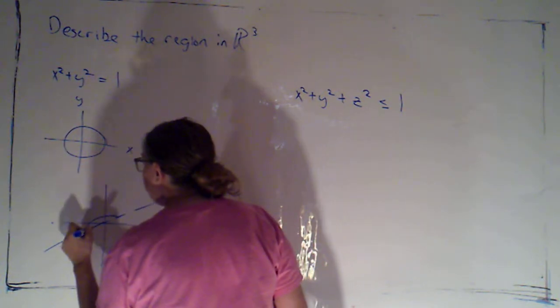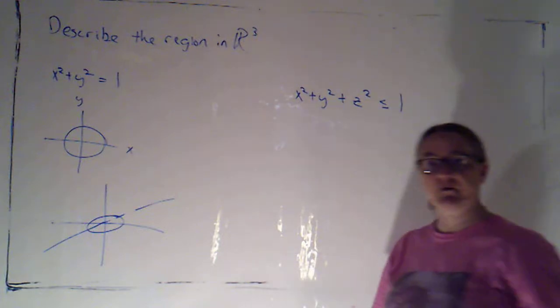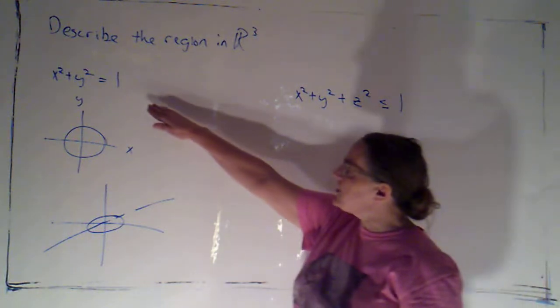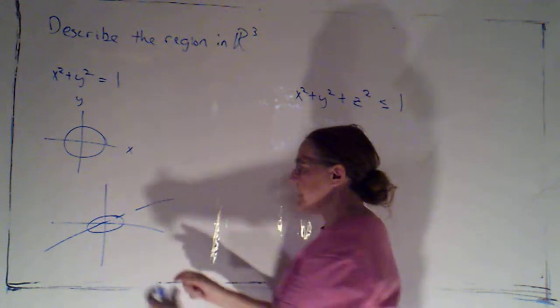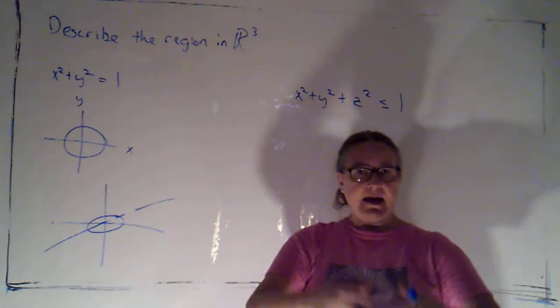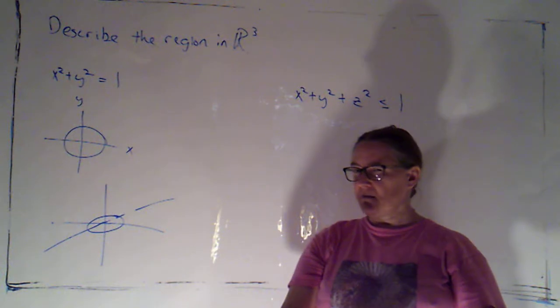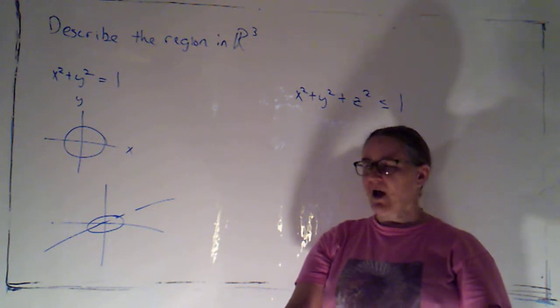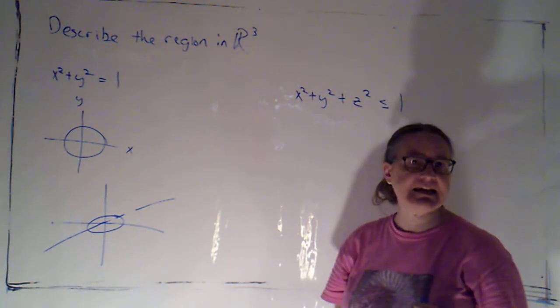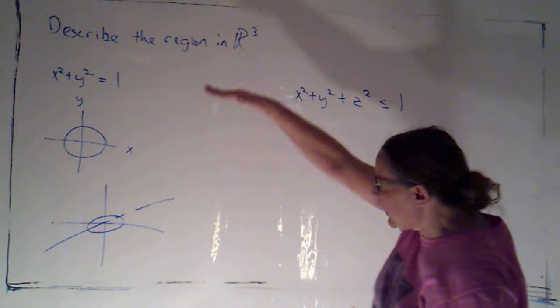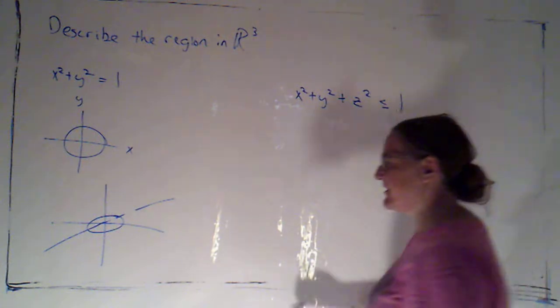Okay. So now, if I'm in 3 space, I'm definitely going to have that unit circle on the xy plane, but the equation doesn't put any constraints on what z can be. So basically, I can take that circle and I can translate it, or if you remember we had a fancy word, I can extrude that parallel to the z-axis. So I'm going to get a whole bunch of circles stacked on top of each other.